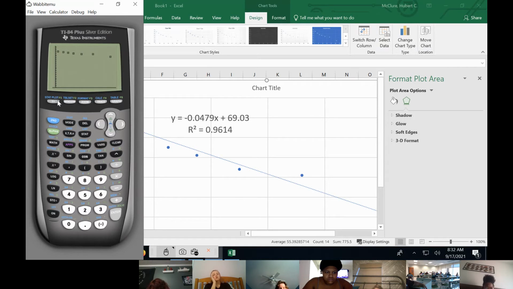Did I not type it in right? You type 6.03. I think I just need to quit. 69.03. Typing with a mouse is very aggravating. And graph. There we go. Take your pick, which one you want.